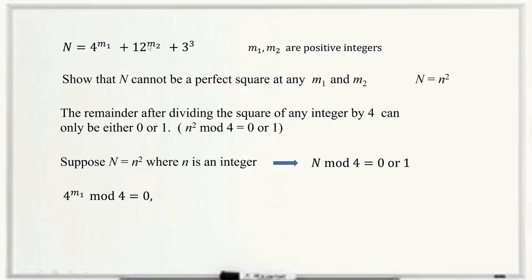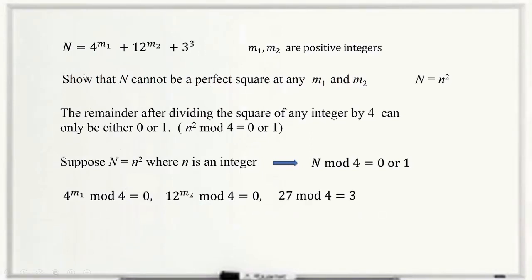Similarly, here 12 is also a multiple of 4. 12 is 3 times 4. So this term also has no remainder after division by 4. 3 to the power 3 is 27, and 27 has remainder 3 after division by 4.